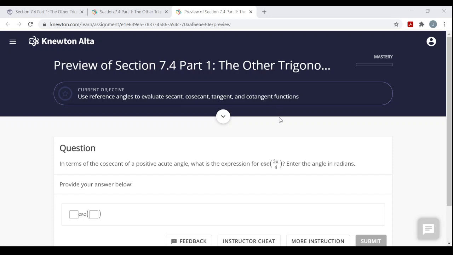Now, I didn't bring this up earlier in the video because you should know these by now. Remember there are some special angles. Special angles are multiples of 30 degrees, 45 degrees, 60 degrees, or pi over 6 radians, pi over 4 radians, pi over 3 radians, respectively.